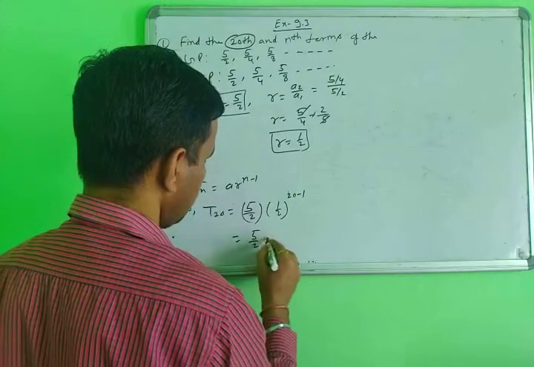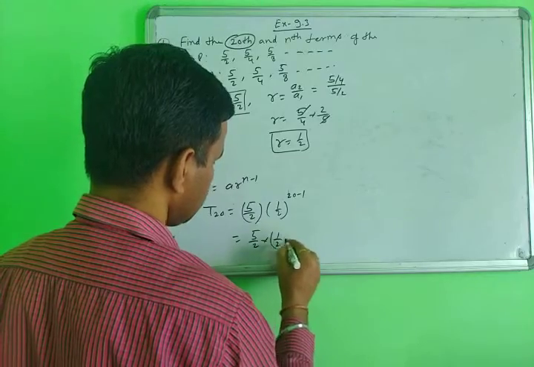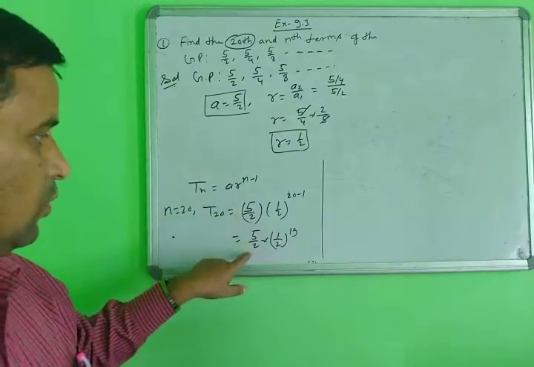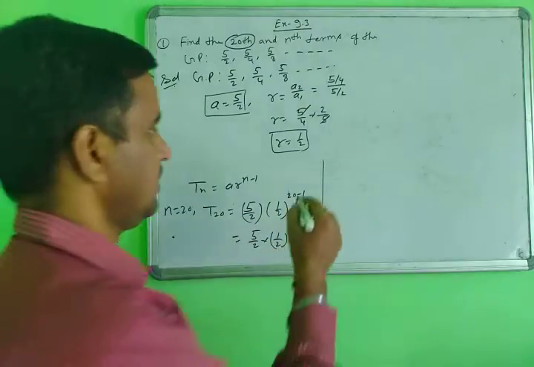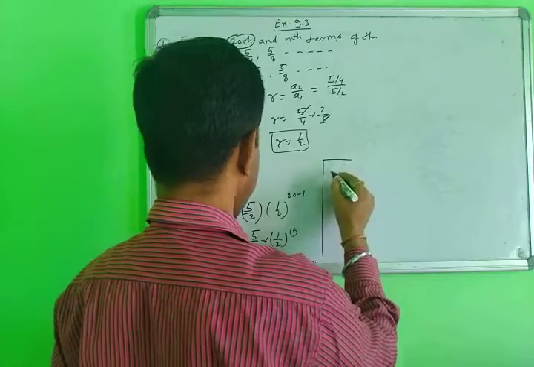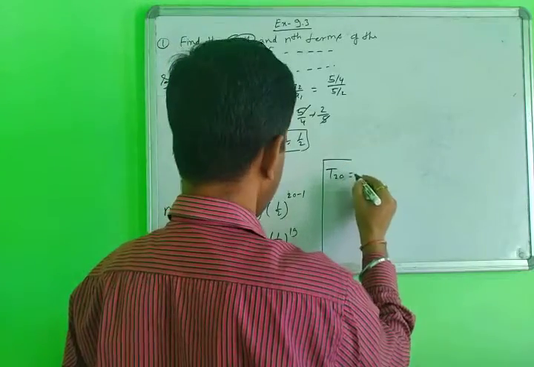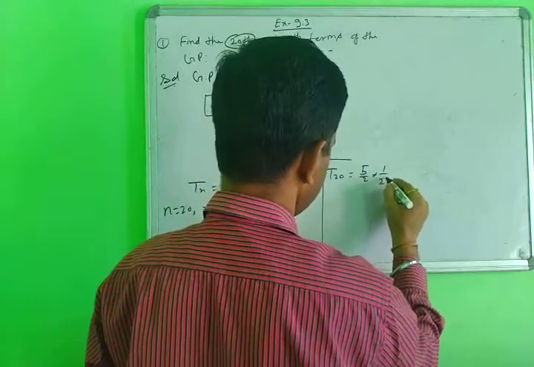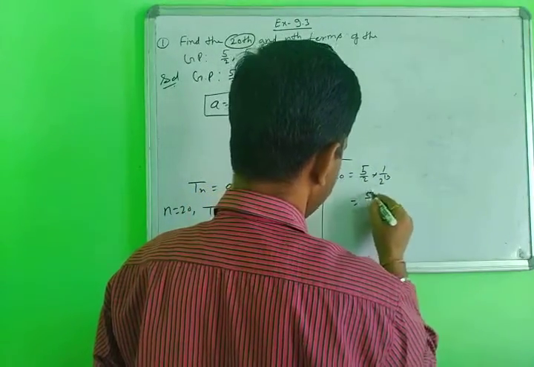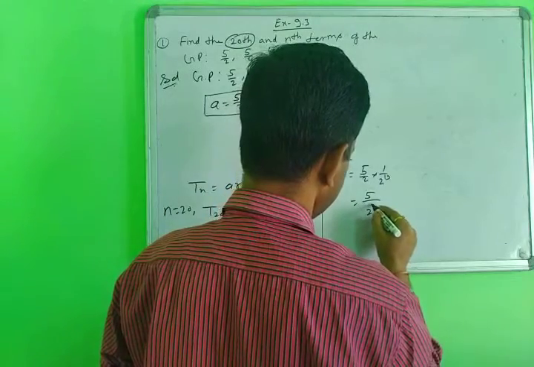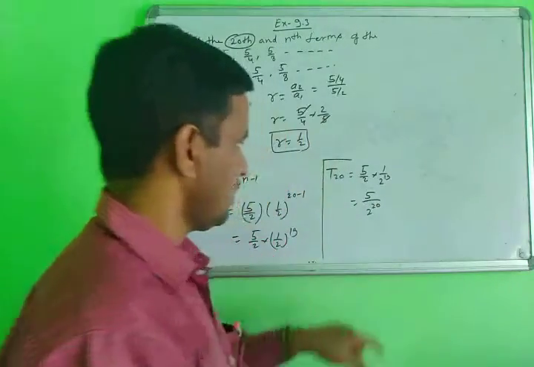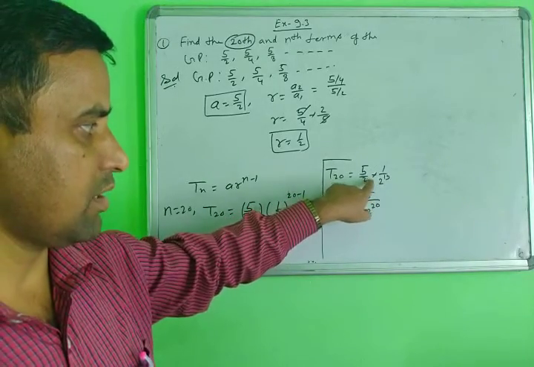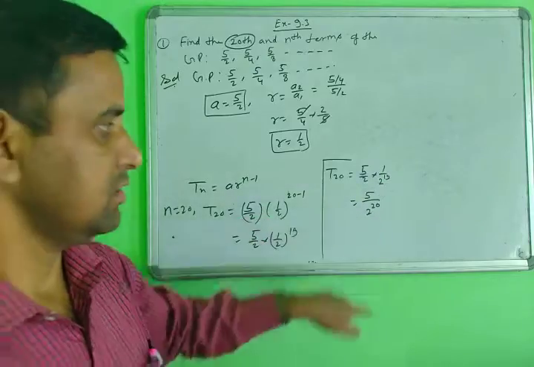So 5 by 2 into 1 upon 2 exponent 19. Then we will get the answer: T20 equal to 5 by 2 into 1 upon 2 exponent 19, or 5 upon 2 exponent 20. Here 2 into 2, the exponent is 19 plus 1 equal to 20. So this is your first answer.